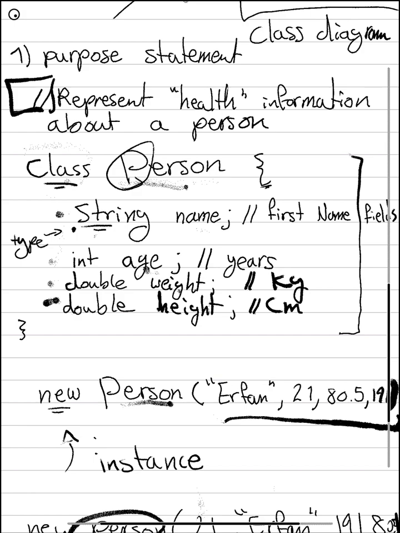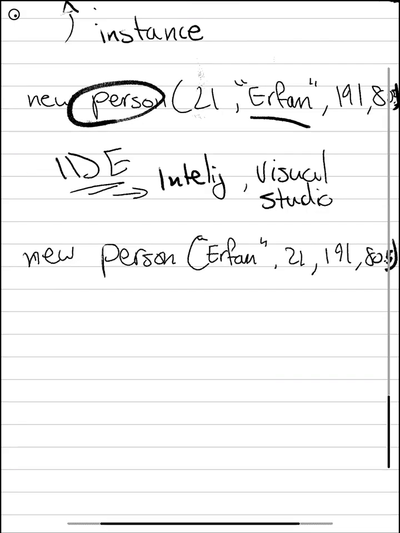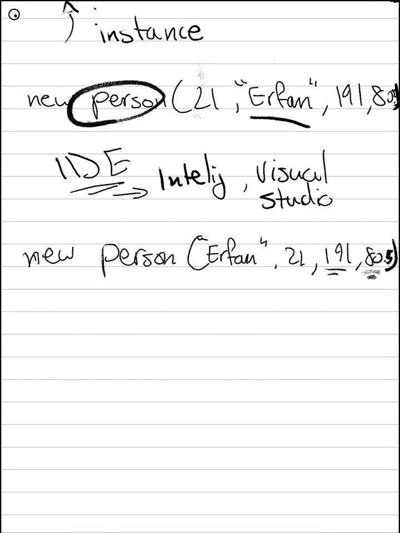So we first expect a string, we get that. We then expect an int, we get that. And then we just expect a double, right? We don't know that this cannot be the weight, and this cannot be the height. So with this example, even though the programmer knows that it's wrong, the IDE won't know it's wrong. So it will essentially be okay with it.